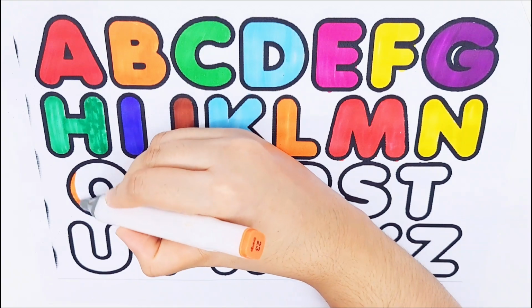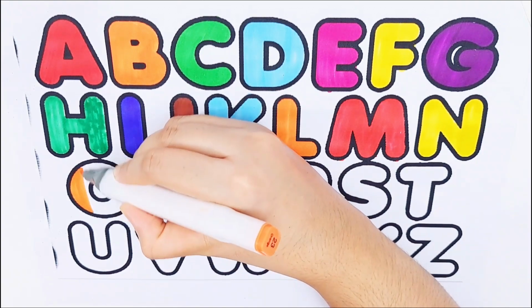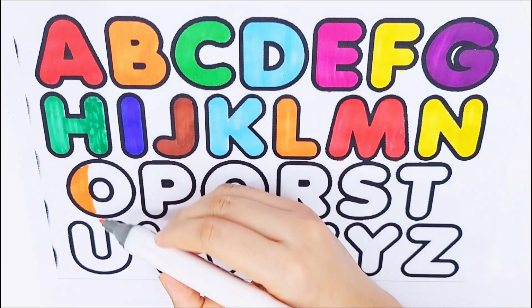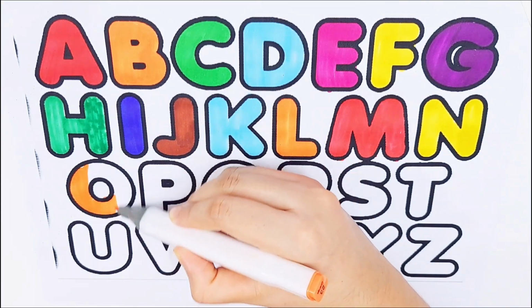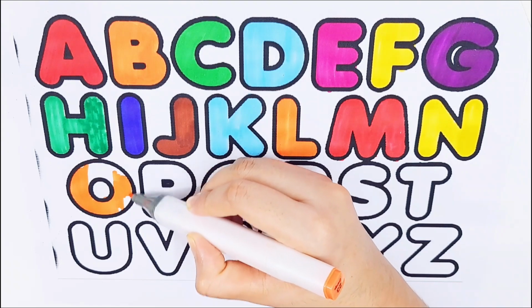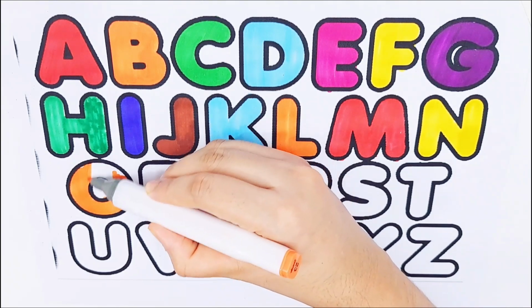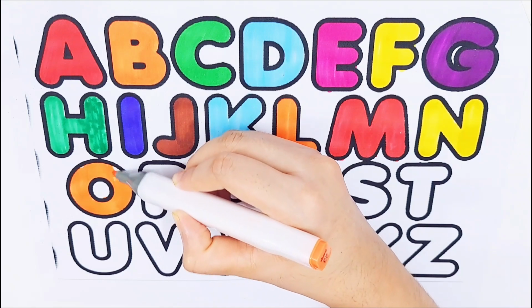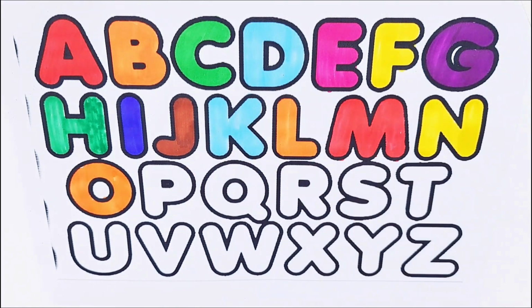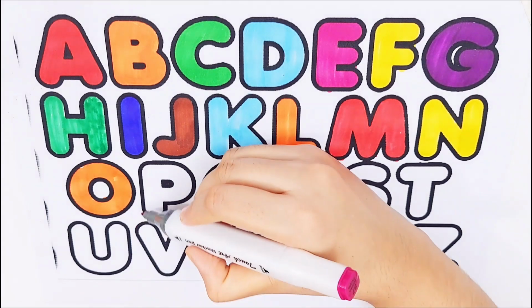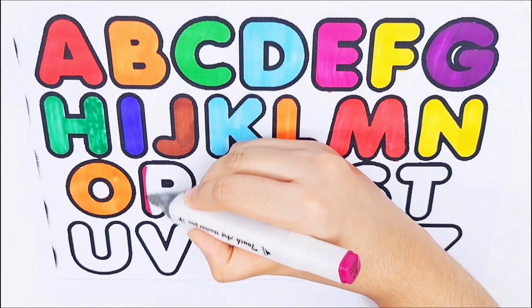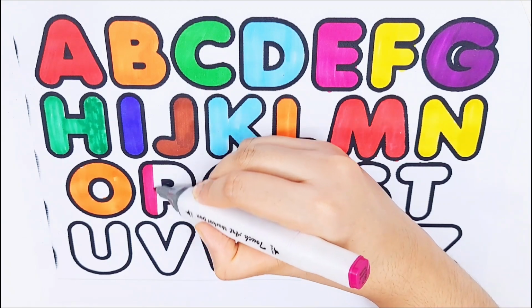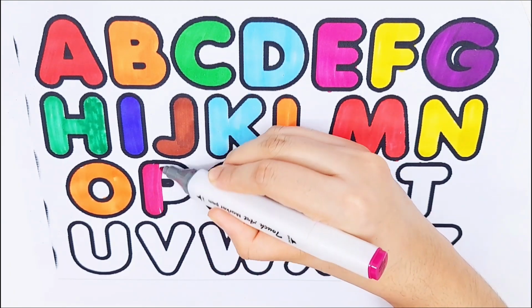Orange color. O. O for orange. Purple color. P. P for parrot.